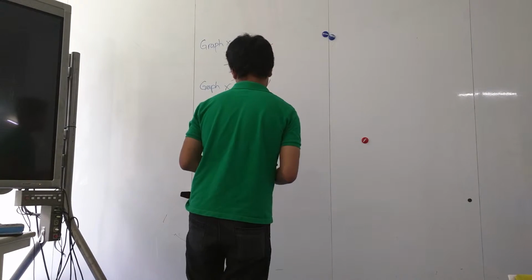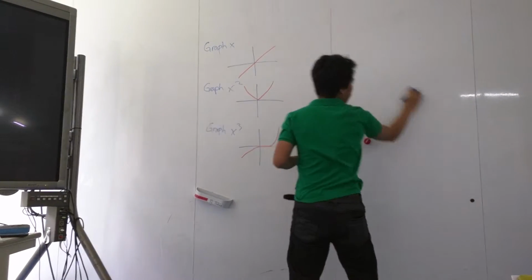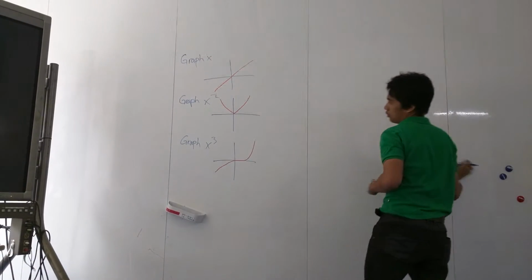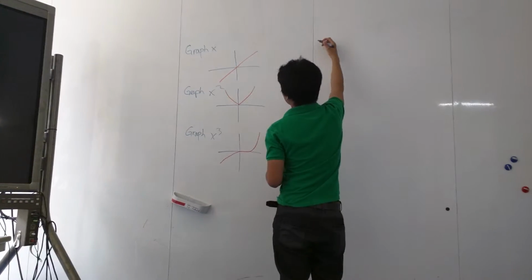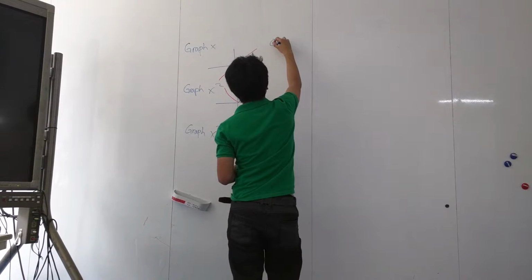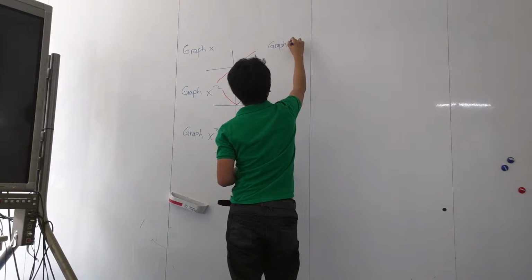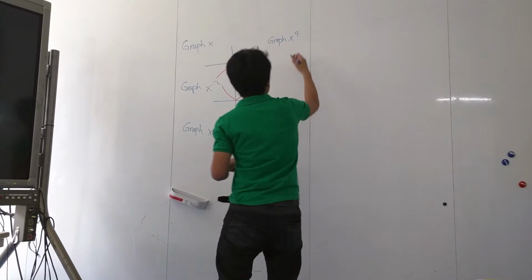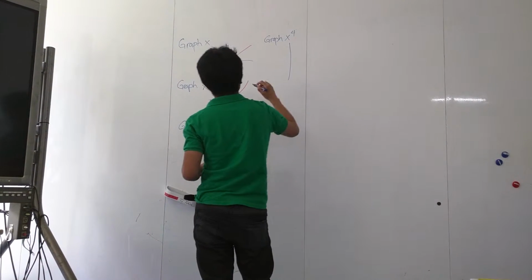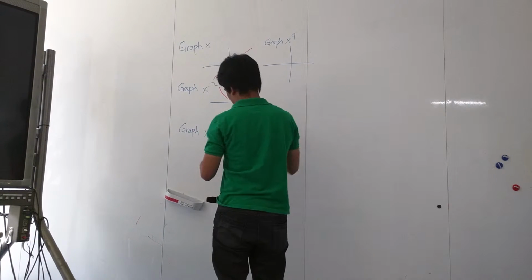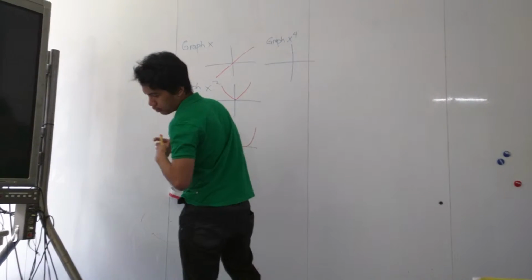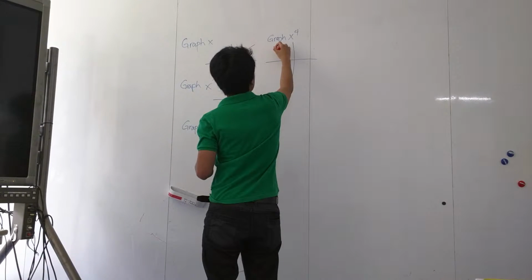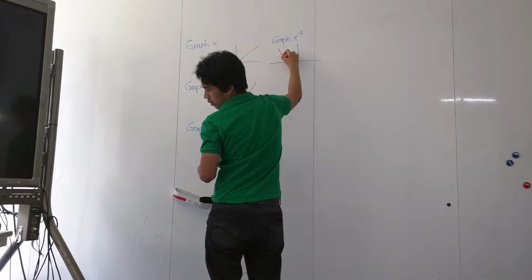Okay, and the fourth, put this way. Actually, it's the same as x squared, but it needs very large areas like this.